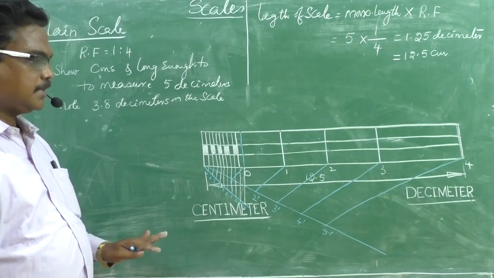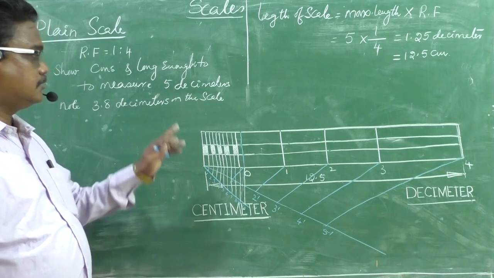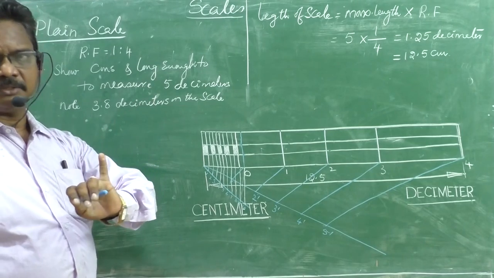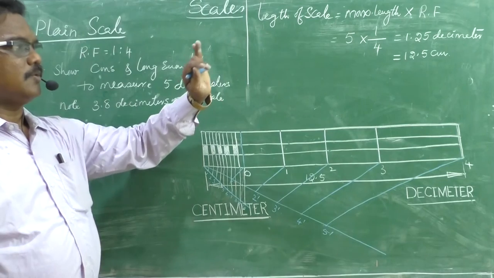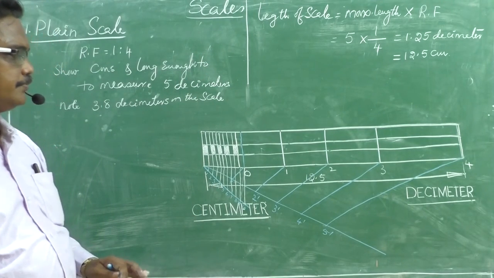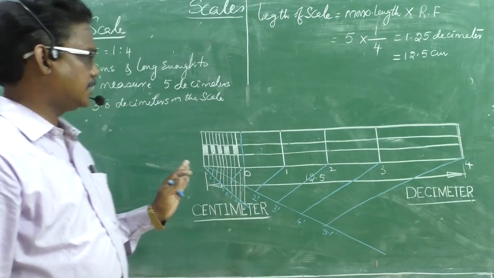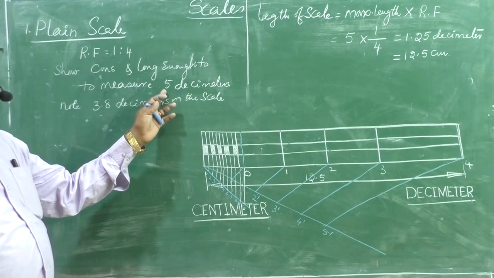In the plane scale, what did we observe? We consider the maximum length, multiply with the RF, and calculate the length of the scale. After that, divide the scale according to the number of divisions required for the maximum length.